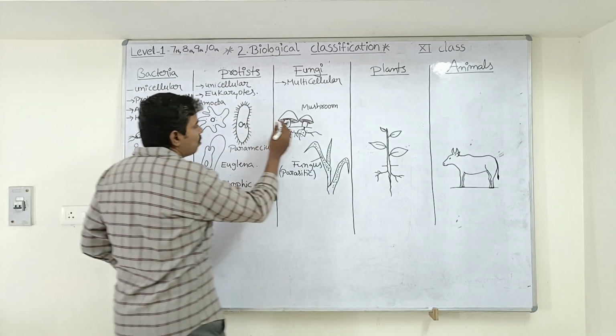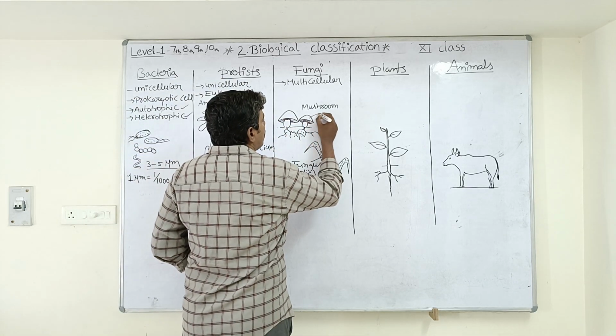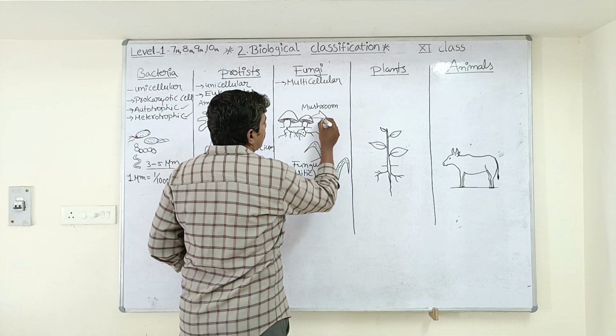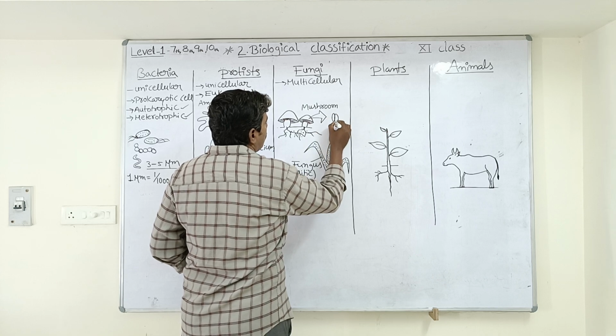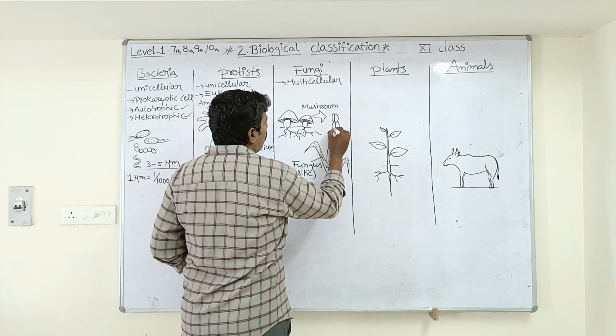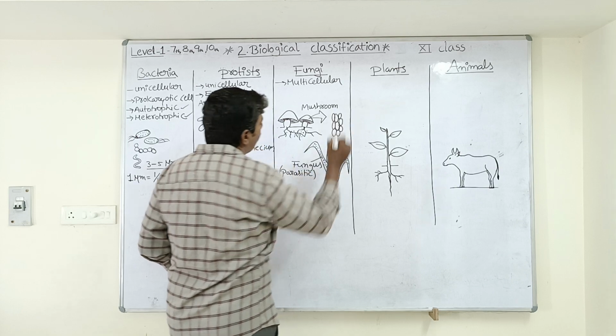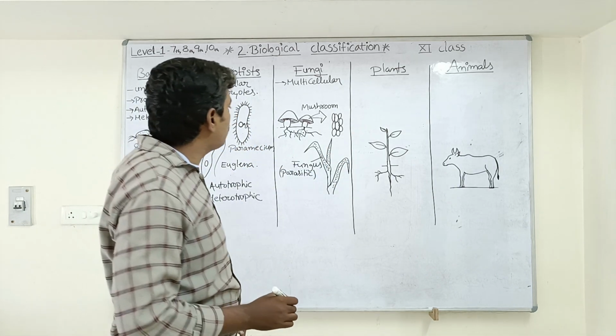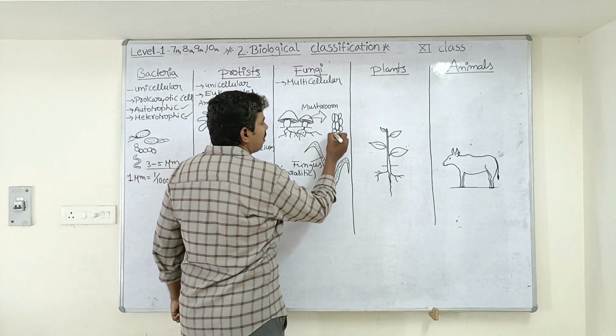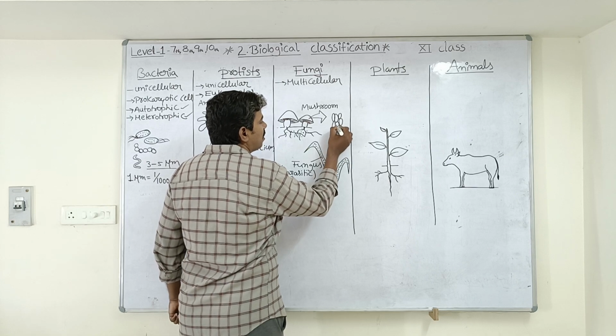So inside the mushroom there will be many cells, arranged like this to form a tissue. That's why fungi are multicellular organisms, and in each cell there is a nucleus.